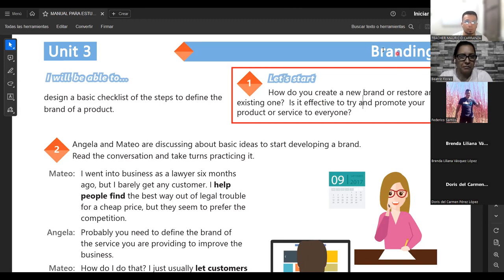Okay. So it's because obviously you have to pay to have a space in the newspaper, and nobody reads the newspaper nowadays. I mean, very few people read it.